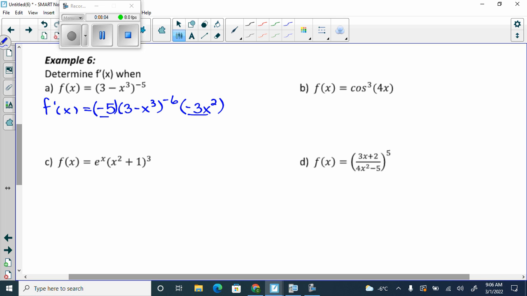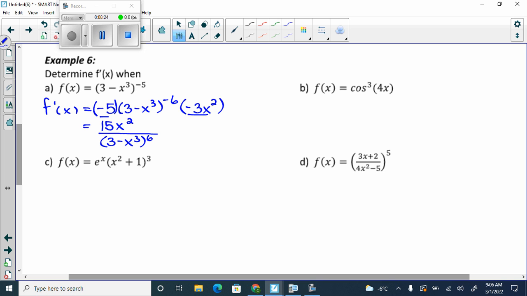And what do you think they'll do with that middle one? Drop it to the bottom and make it positive. So they'll go 5 times negative 3 is negative 15x squared over 3 minus x cubed to the 6.